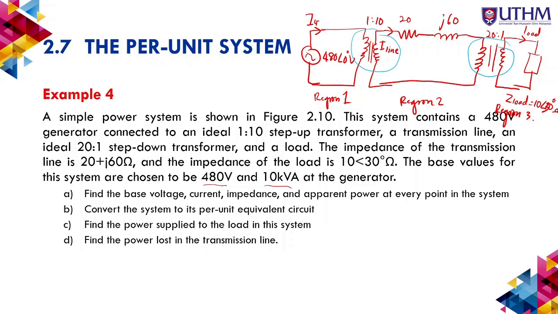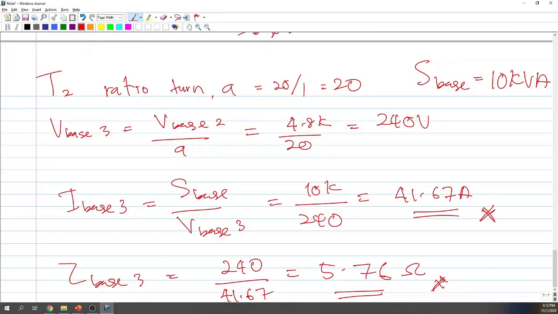The generator's per unit voltage is divided by its value. This is for B. It wants us to find the per unit values for Z and also for the load, the Z line and the load.